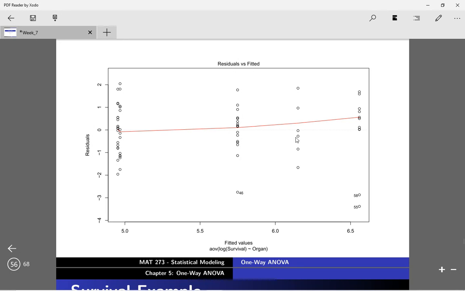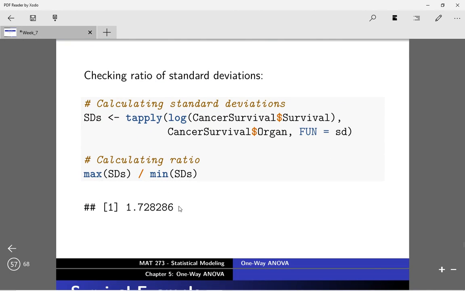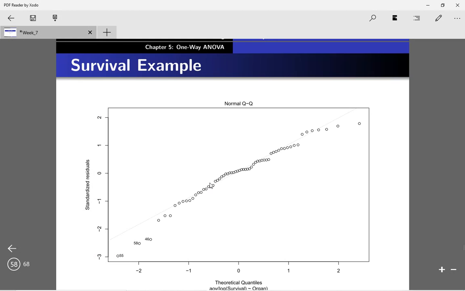So this seems to indicate that constant variance is met. And again, looking at the ratio of the standard deviations, we pulled that below 2 after the log transform. So 1.72 is less than 2. This indicates that the constant variance assumption is met as well. So that seems to have been fixed with the log transformation, which is great.